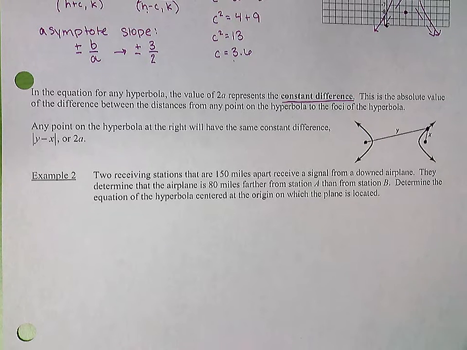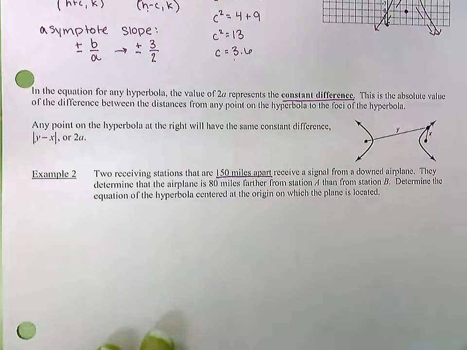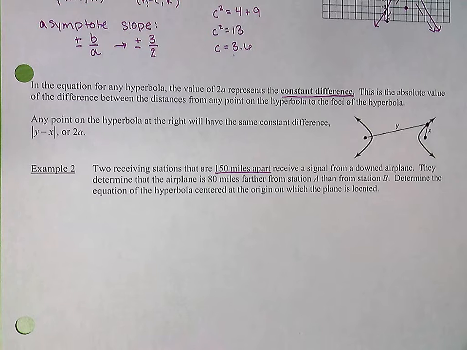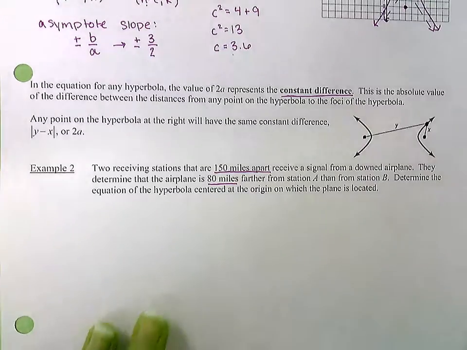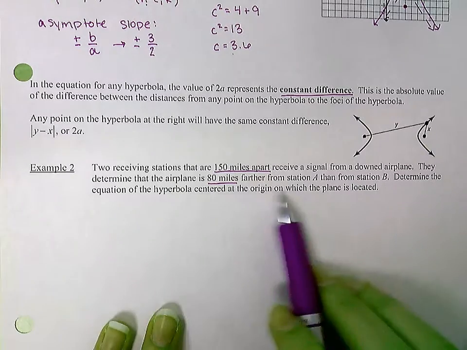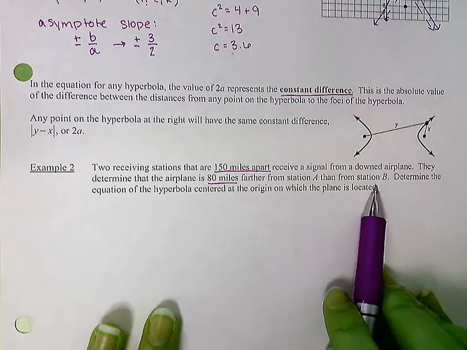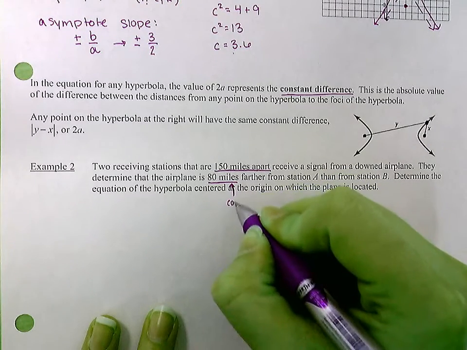So we have 2 receiving stations that are 150 miles apart that receive a signal from a downed airplane. They determine that the airplane is 80 miles further from station A than from station B. Okay, since it's further from station A than station B, this right here is your constant difference.